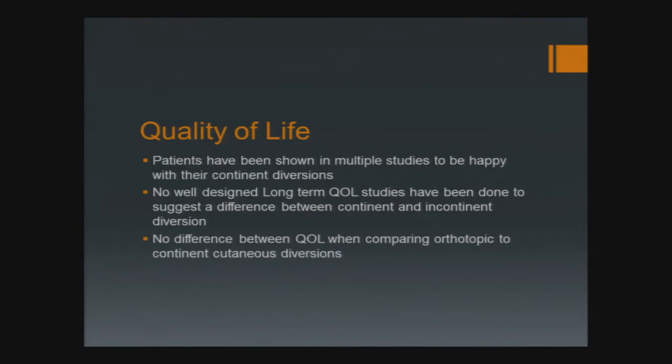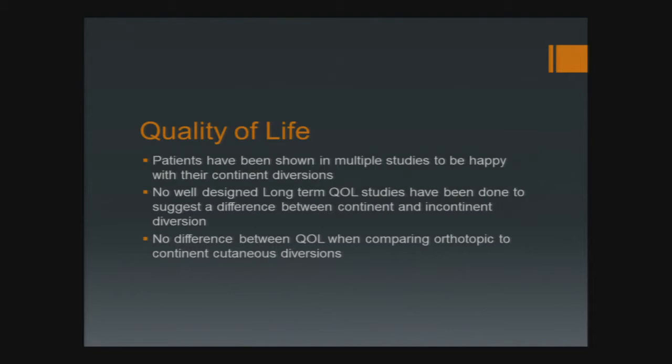So one of the main reasons I said we'd potentially do this procedure that's more complicated, has a higher complication rate, and is more technically demanding is quality of life. Multiple studies have looked at this to see if the juice is worth the squeeze, as it were. And they've generally shown that patients are happy with their continent urinary diversion.